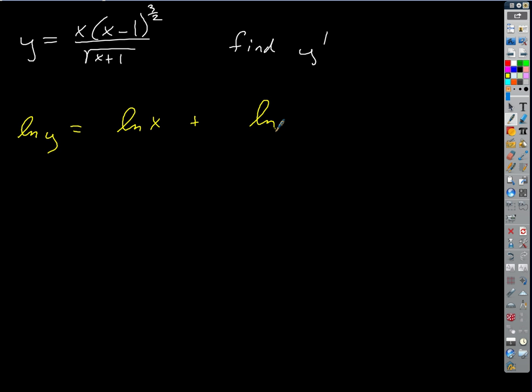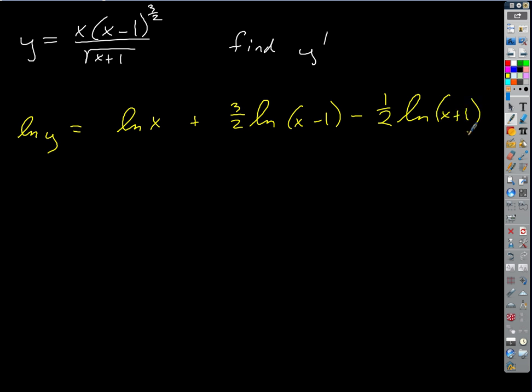We could take the tree house up at the top and go down front, so natural log of x minus 1, all of that subtracted by the natural log of the square root of x plus 1. And then the bottom, natural log of 1 half. When we divide, if we're taking a log of a quotient, we just subtract the log. That's the difference of a log. So we're going to subtract away the log of the bottom, and that's actually to a 1/2 power, so we could bring the exponent out front.